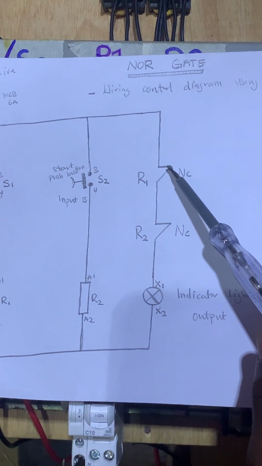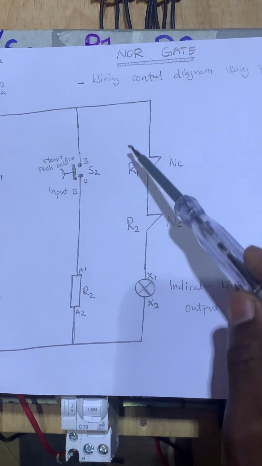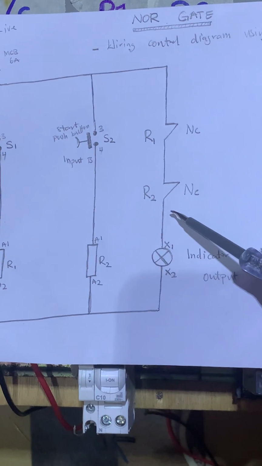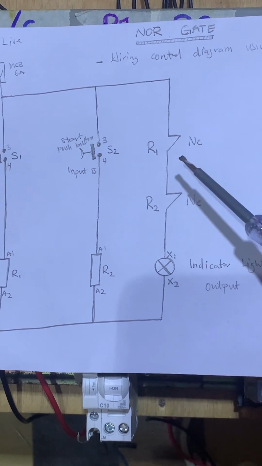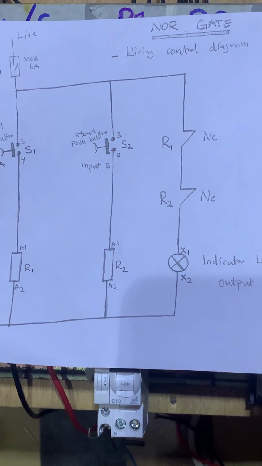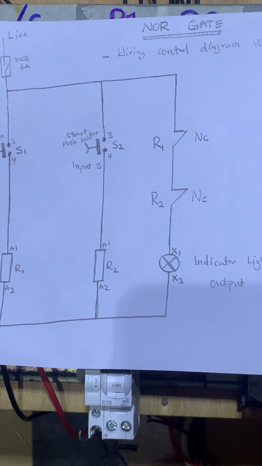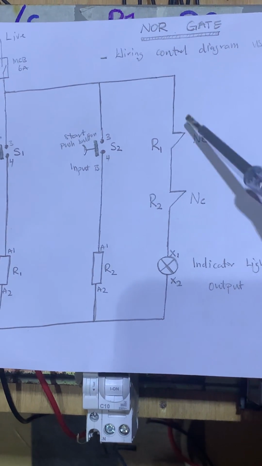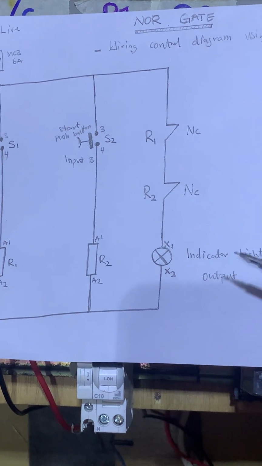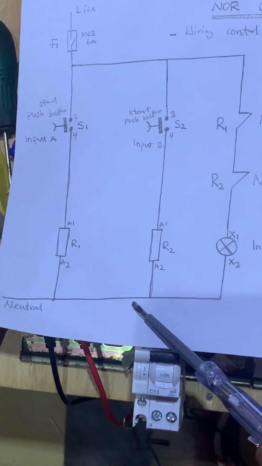As long as the two relays haven't been energized yet, the contacts will all be closed like this, because when the relay is not energized, the contacts are normally closed. It is normally closed at a normal state, like when you didn't power it. So the indicator will light because the current will flow from here and come here. The neutral is available there.